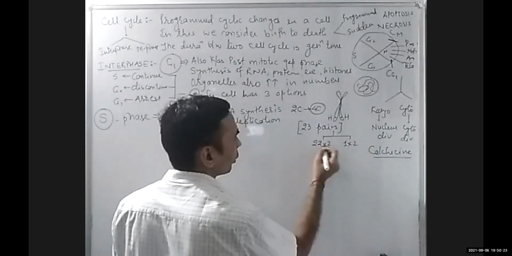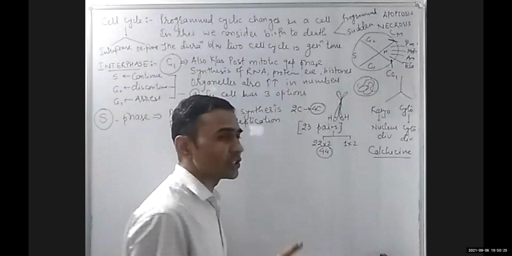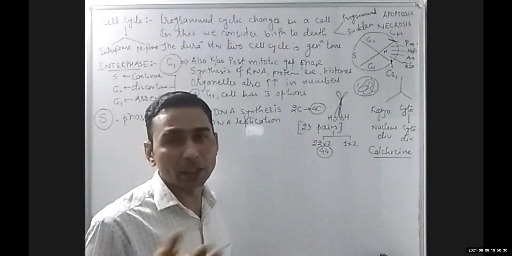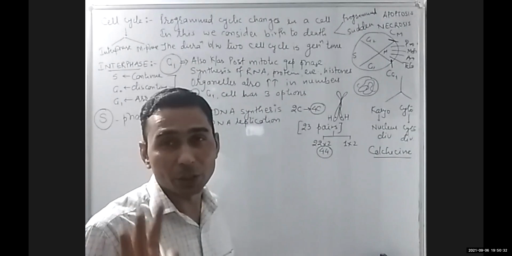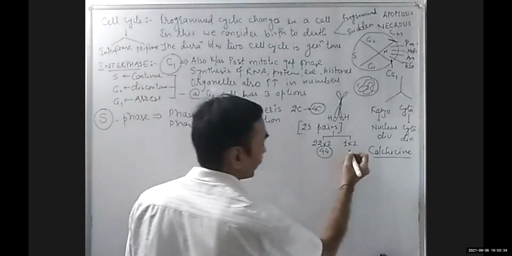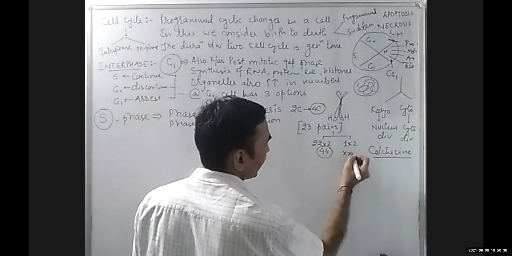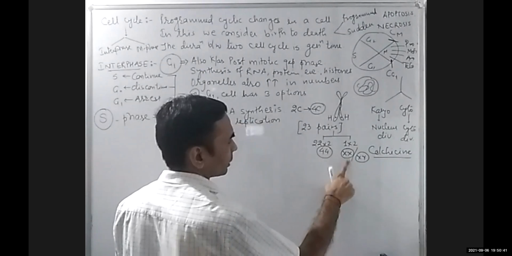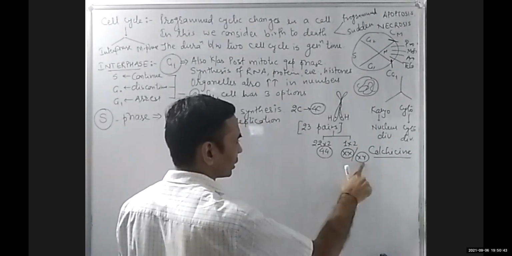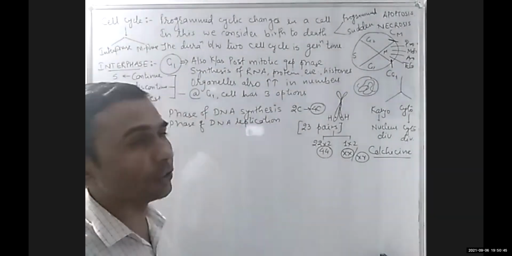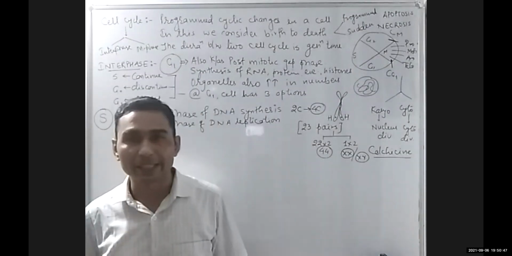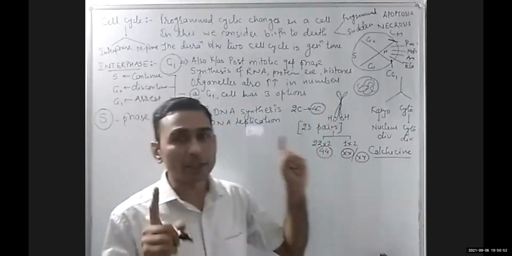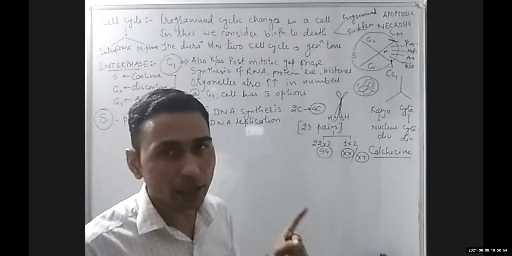These 44 are autosomes, which are the same in case of male and female because they represent human beings. And what differentiates male and female is XX or XY. So 44 plus 2, 46. Either this 46 or this 46. So I should say 23 pairs of chromosomes are present in a human cell. And I hope now you understood. These two chromatids are known as sister chromatids. Agree?